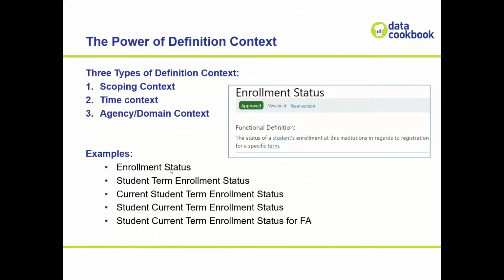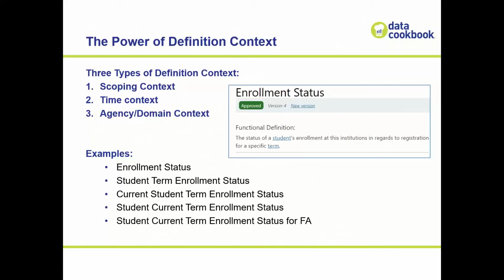So you can do the same thing here with enrollment status. This is where you shouldn't be afraid of clarity and specificity on the naming. So enrollment status. I've used this example for a while, but I've sort of changed my opinion on it. I think it's poorly named. So this is defined as enrollment status. I think there's ambiguity there. What are we talking about?